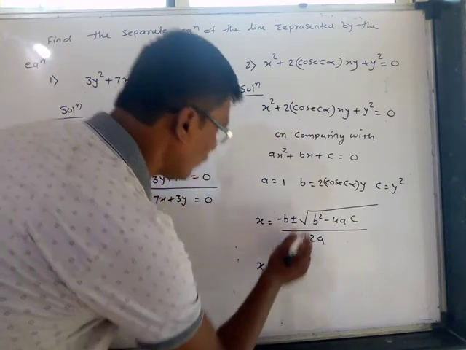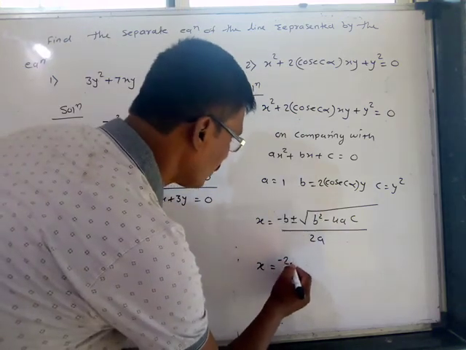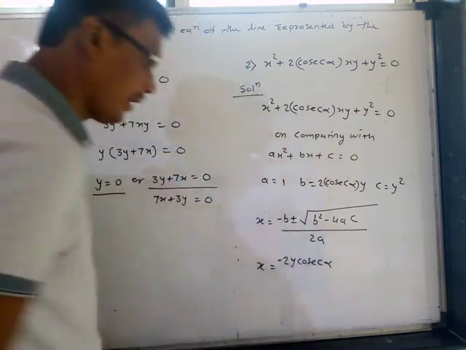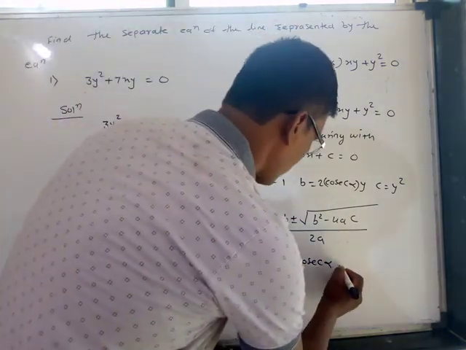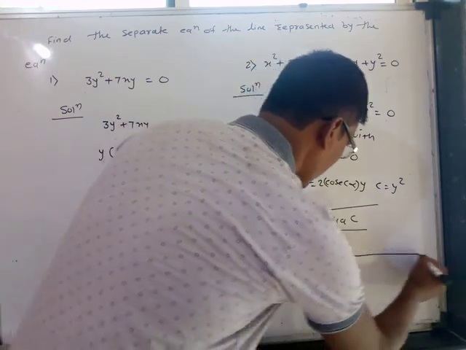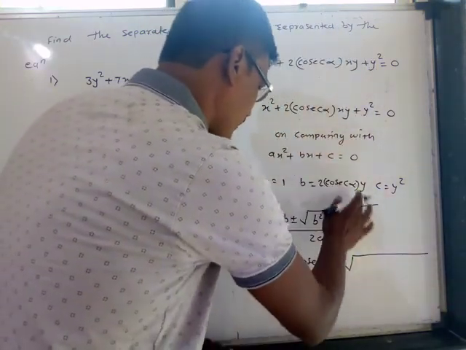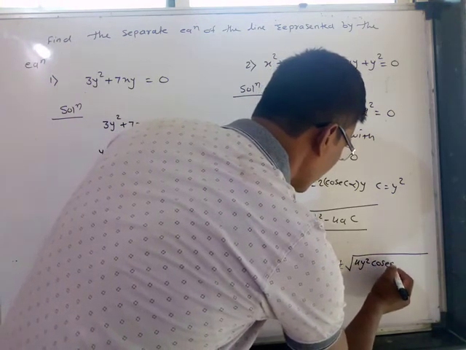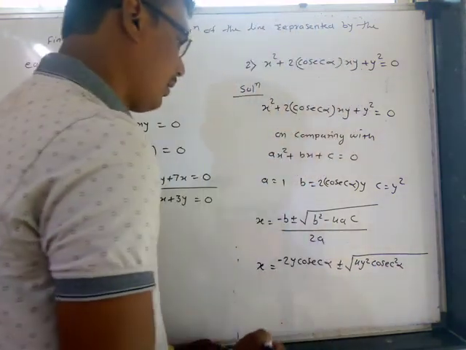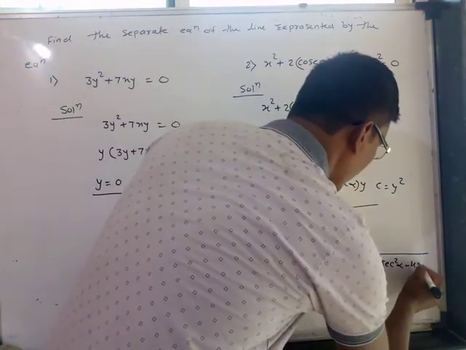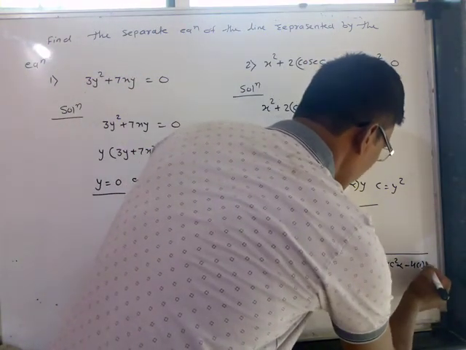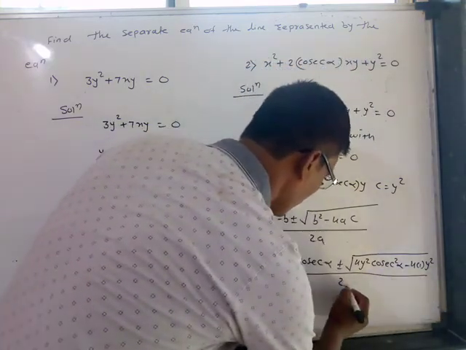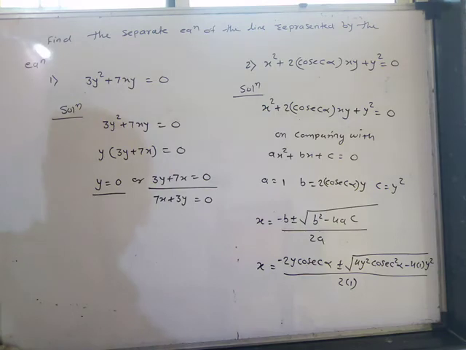X is equal to minus b means minus 2y into cosec alpha, plus or minus root of b square, the whole term squared, that is 4y square into cosec square alpha, minus 4 into the value of a, 1, and c, y square, whole divided by 2 into 1.